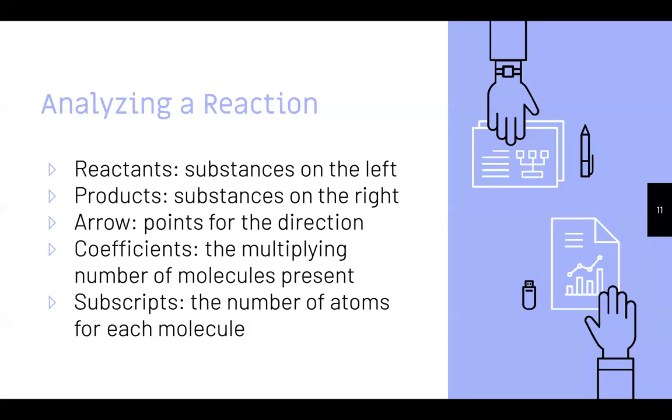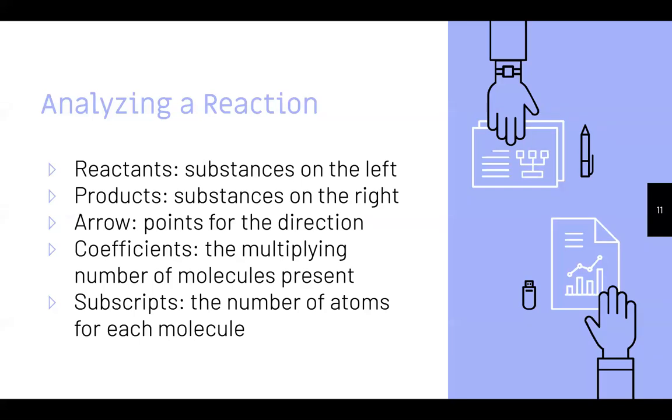I distribute that coefficient to each element, so 3 times the hydrogens, and there are 2 hydrogens, so 2 times 3 is 6, and then 3 times the oxygens, 1. If there's 1 subscript, you don't write it, and that becomes just 3.